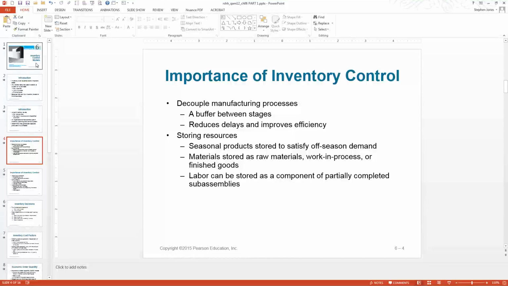However, materials you can easily see as raw materials, work in process, or finished goods. Labor could be something that you keep stored up on the side. And seasonal things will complicate this even more. And you'll see in a later lecture that quantity discounts complicate this even more as well.